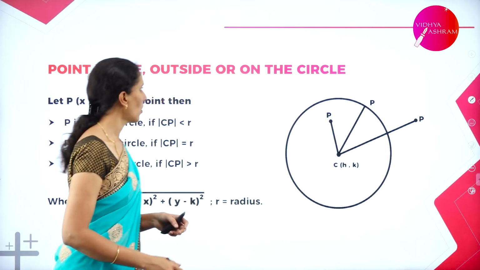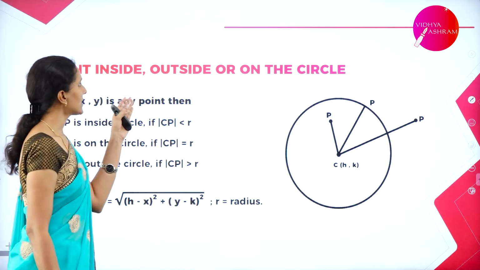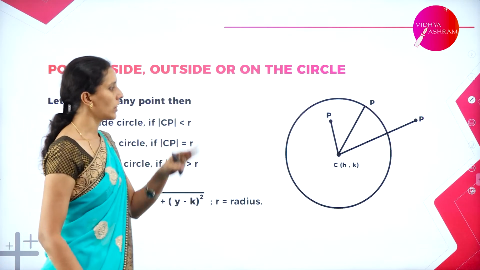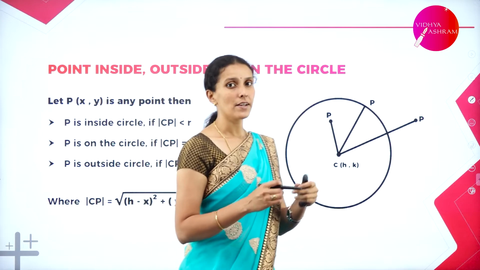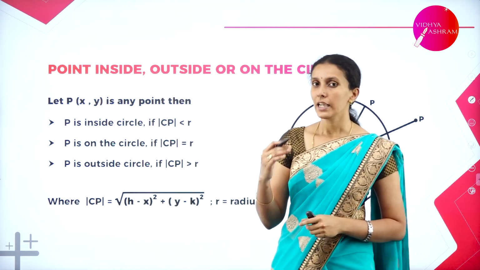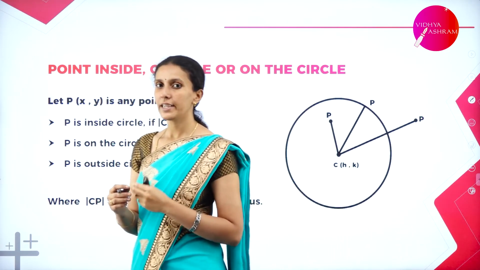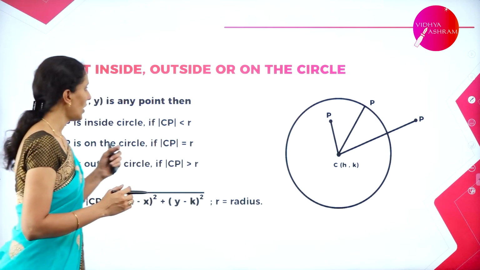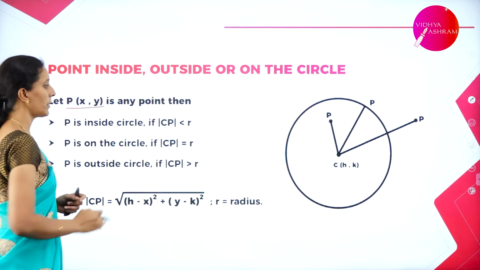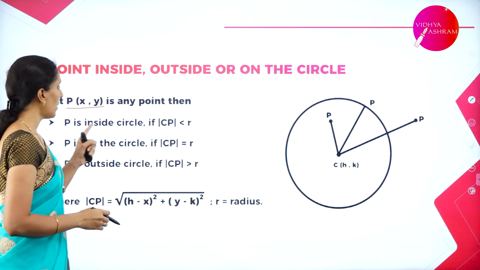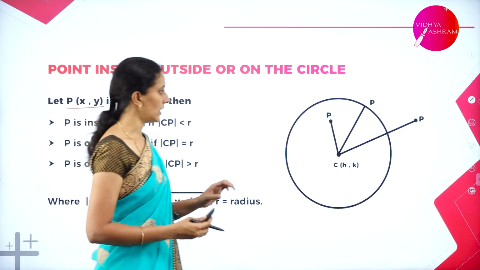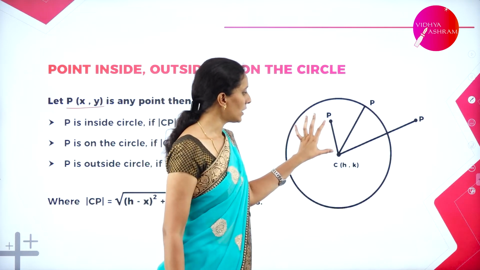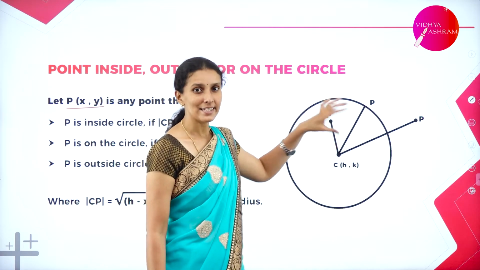So the next concept is a point inside, outside or on the circle. How do we recognize whether a given point is inside the circle, outside the circle, or exactly on the circle? Let me consider a point P(x, y). If the point P is inside the circle, the distance from the center to P will be less than the radius.